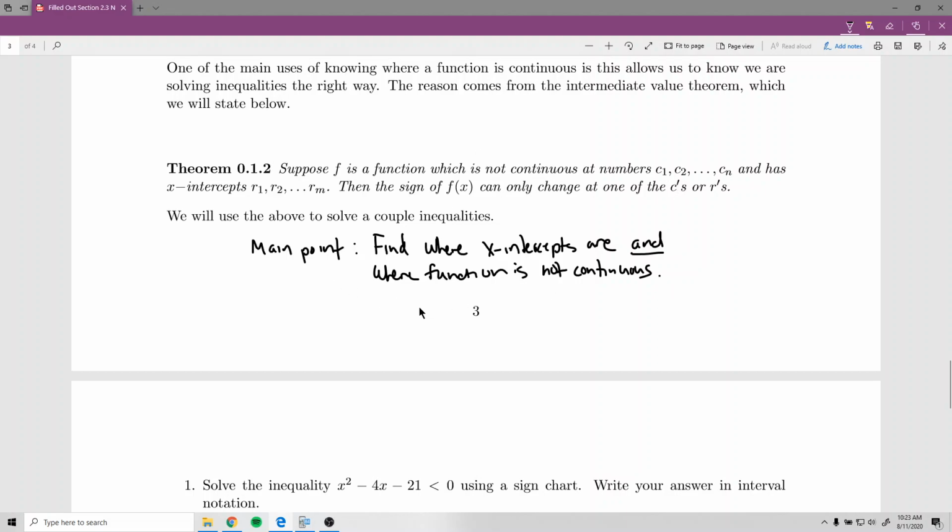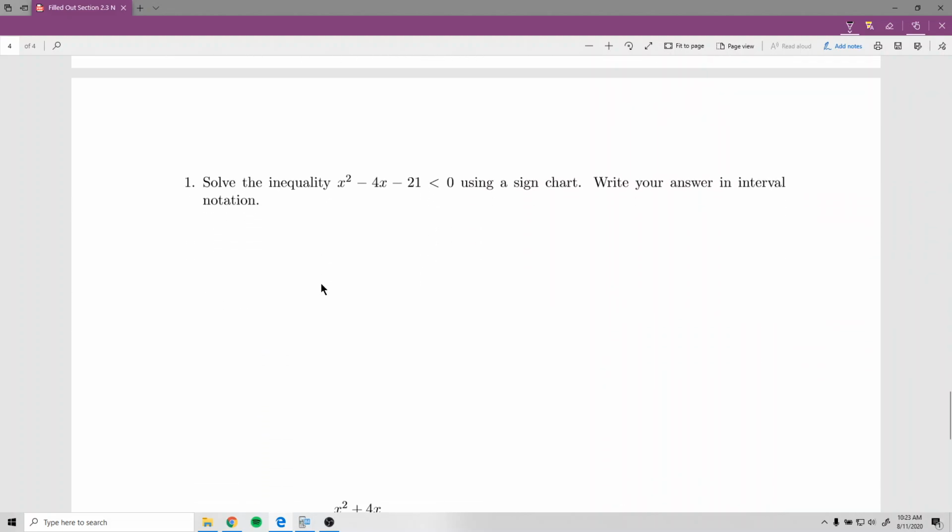When we get all these numbers, we will make a number line with these numbers. Right, and then we'll actually solve the problem afterwards.